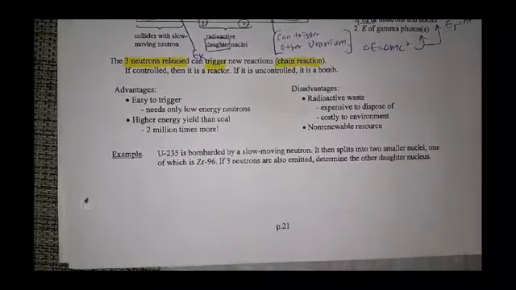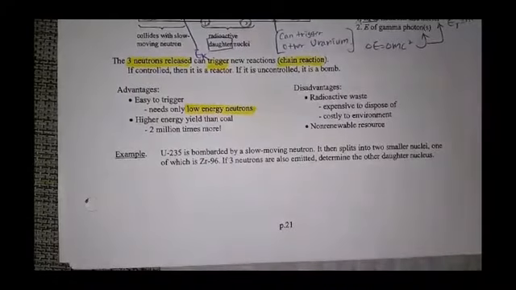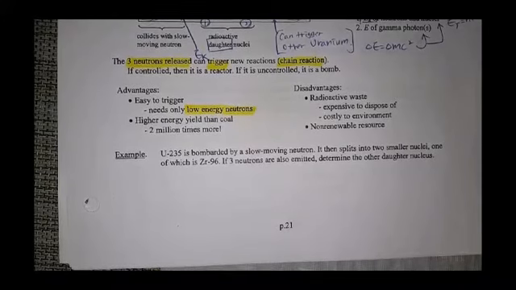So let's talk about the pros and cons of it. Pros of fission reaction: it's really easy to generate, because for the triggering process you just need a low energy neutron. That's it. And at the same time, it does produce massive amounts of energy, mostly heat energy.